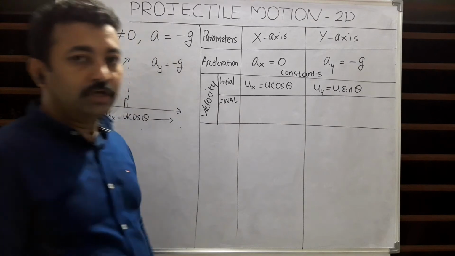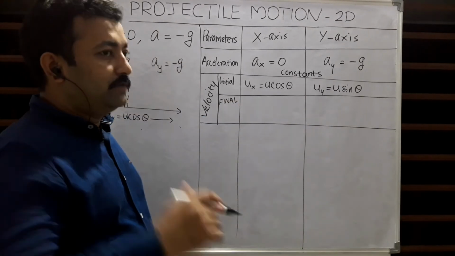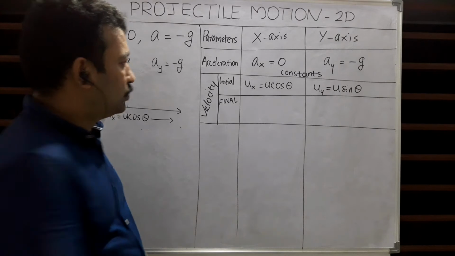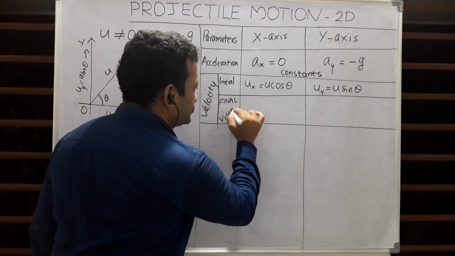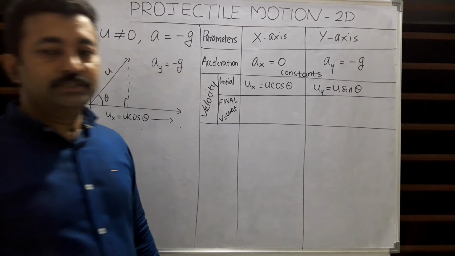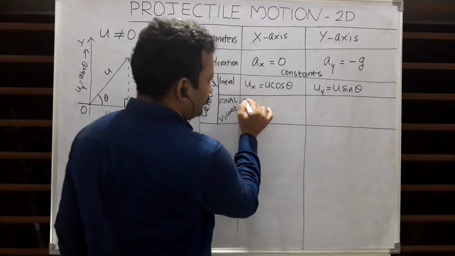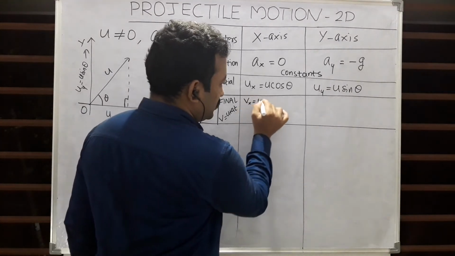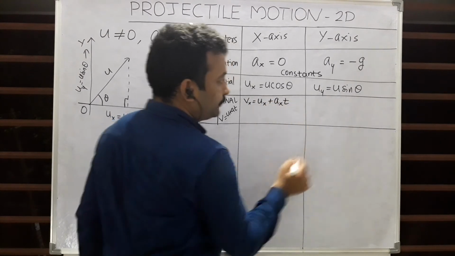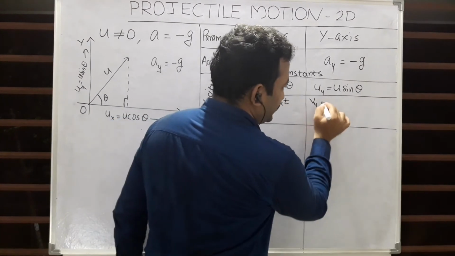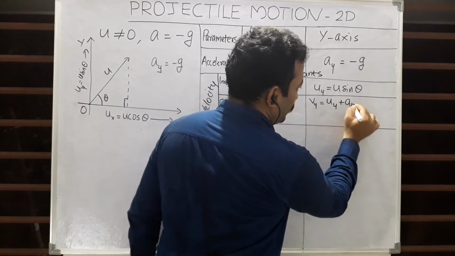How will you find the final velocity? If you know the initial velocity, and want the velocity after a time t, we can use the equation v is equal to u plus at, which is the velocity-time relation. So here I can write Vx is equal to ux plus axt, and Vy is equal to uy plus ayt.